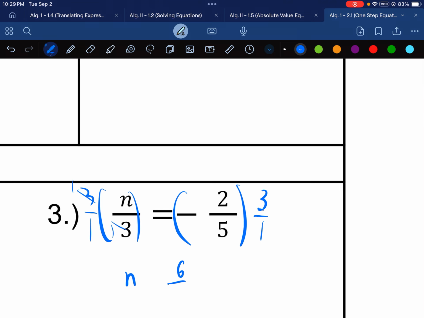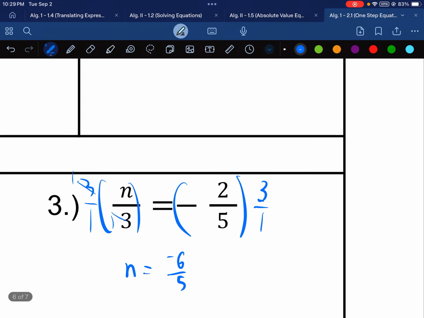So I multiply straight across, and on the top I get 6, on the bottom I get 5, and I get 6 over 5, or 1 1/5, or 1.2. And it was a negative times a positive, which results in a negative. And I could put that negative out in front like it started, I could put it on the top, or I could put it on the bottom, and it truly does not matter. I'll put it out in front since that's how it started. Once again, it does not matter where we put it.